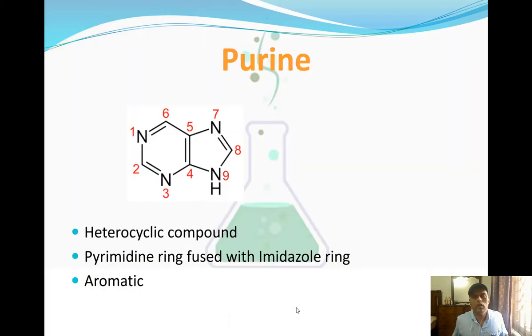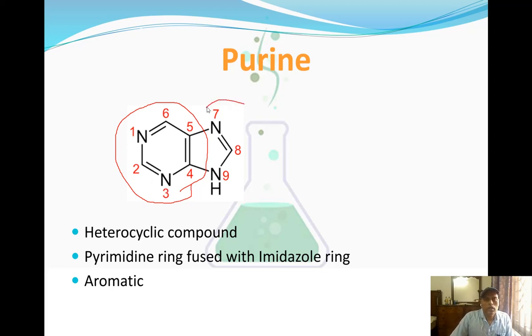Let's study about purine. Purine is, as you can see, a two-membered heterocyclic ring, right? In that, one ring is the compound which we just studied, that is pyrimidine, right? With the 2 nitrogens at 1 and 3 position.